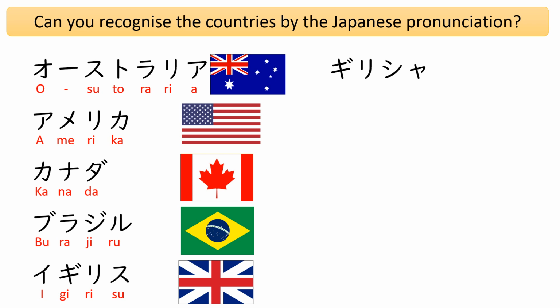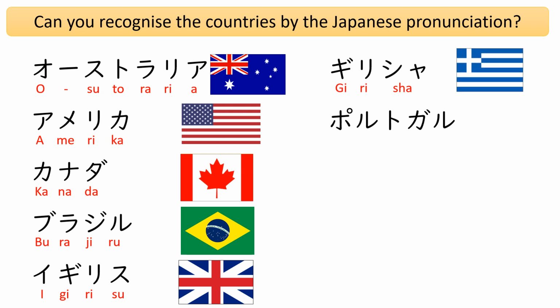Okay, next one is ギリシャ。何ですか?It is Greece. Next one is ポルトガル。何ですか?It is Portugal.